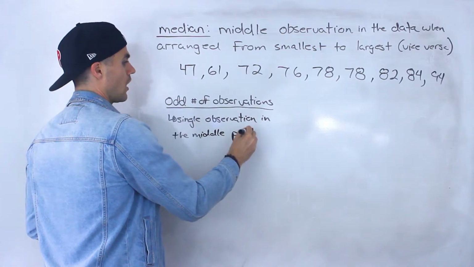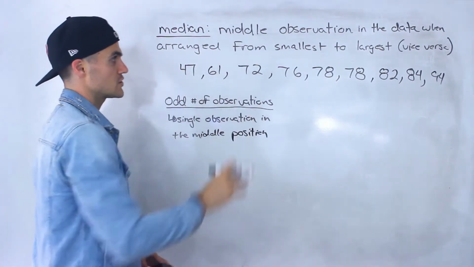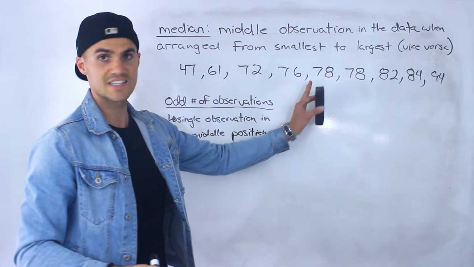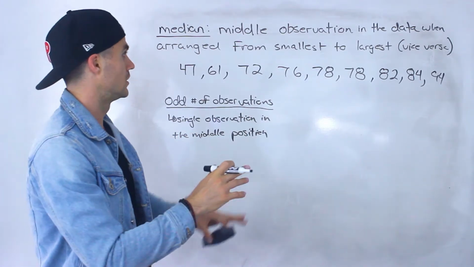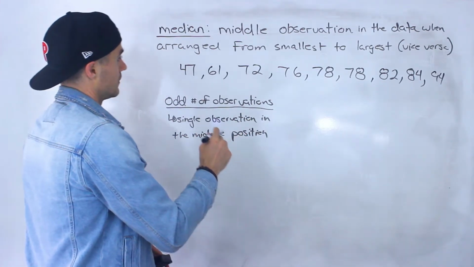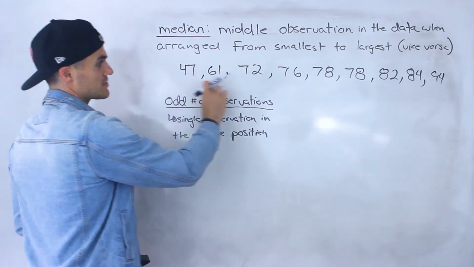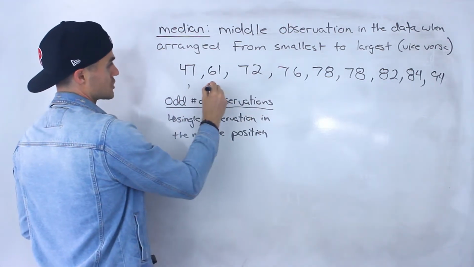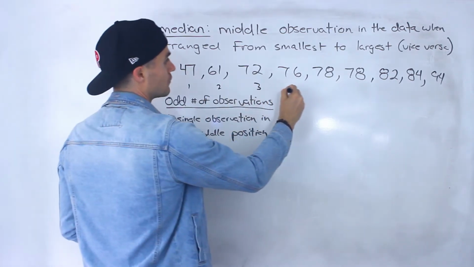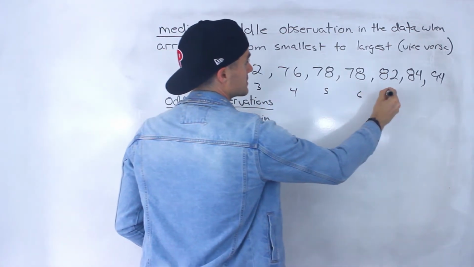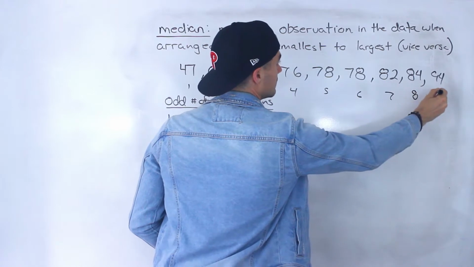So whenever you have an odd number of observations, there's always going to be a single observation in the middle. And there's a couple of ways to do it. One way is if we pretend these are all positions, so this is like position 1, 2, 3, 4, 5, 6, 7, 8, 9.